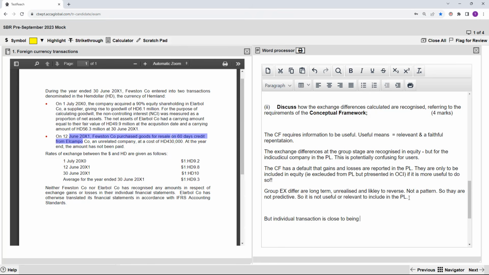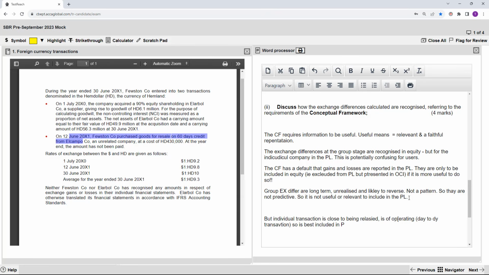You're going to settle that liability very quickly. It is of an operating nature. In other words, it's a short-term, day-to-day transaction. So it is best included in P&L.